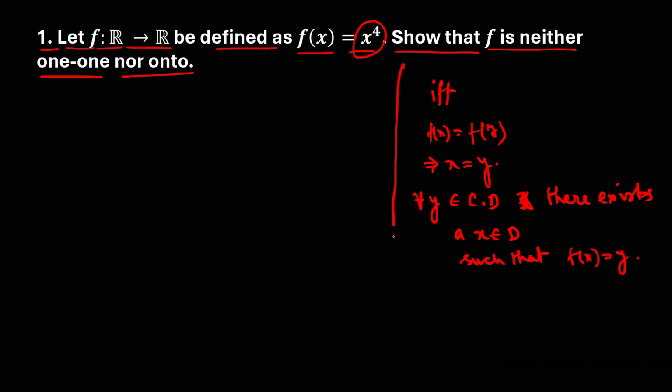So we will exploit these two conditions to check whether this is one-one or onto.